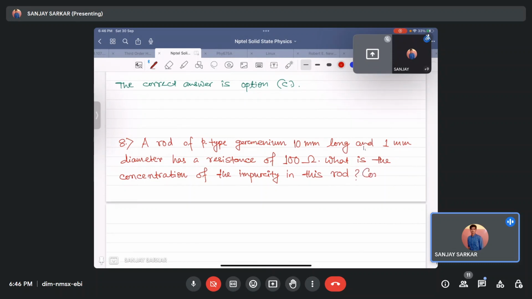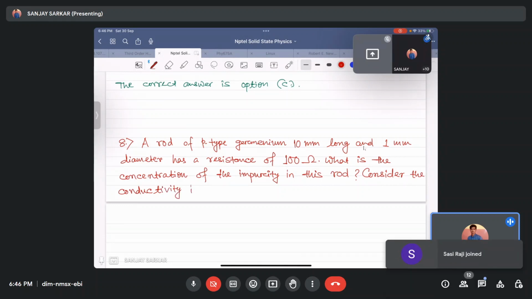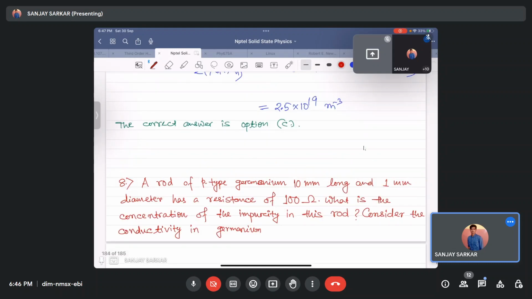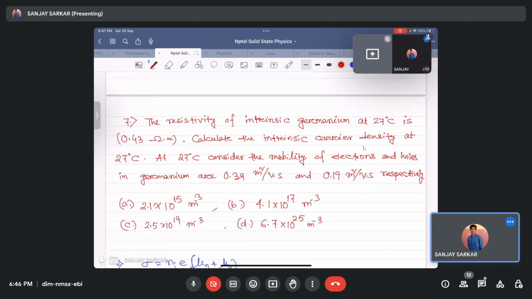Consider the conductivity in germanium. Sorry, I have written E always, it will be A, I think. Even in the previous question I guess I have written, no, I have written correctly.